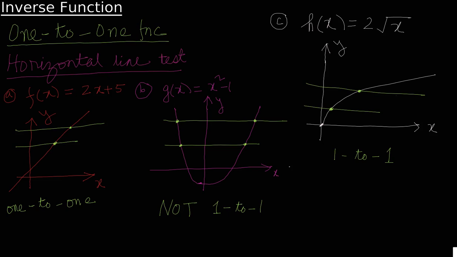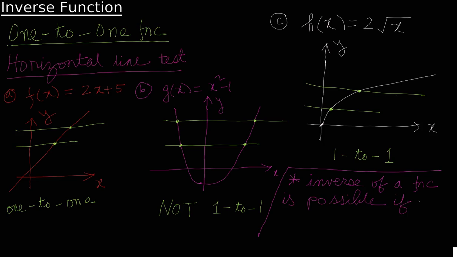I'm going to write down that conclusion here: the inverse of a function is possible if and only if the function is one-to-one.